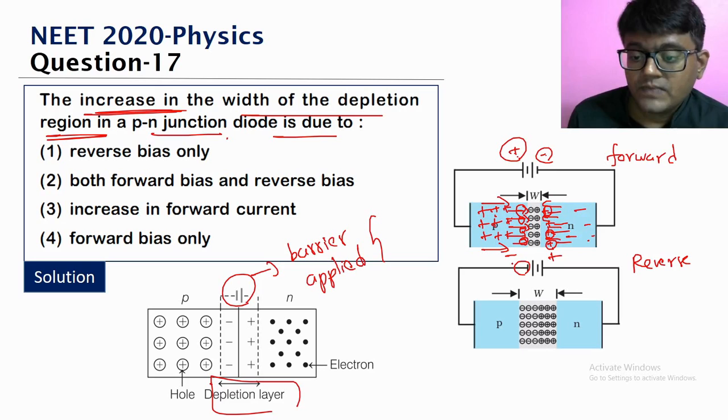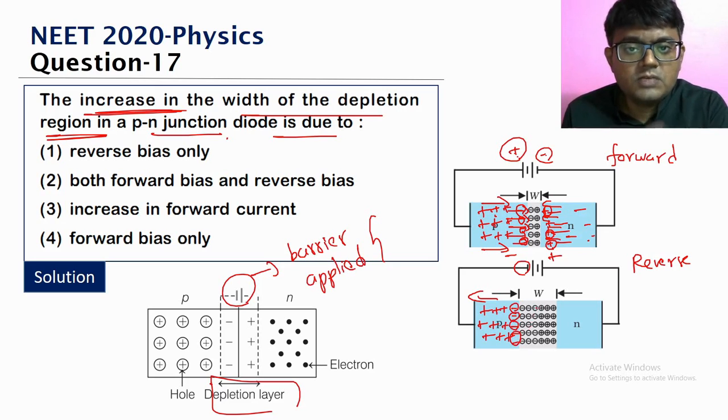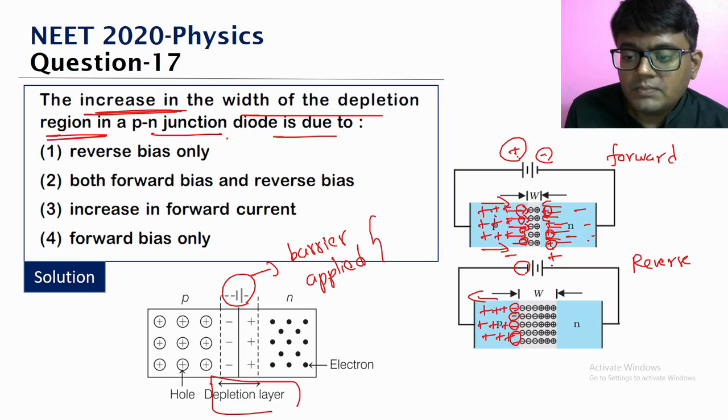Now look at this story. If you are reverse biasing, negative terminal is connected to the P side. P side, what you will have? Positive charges, right? So these positive charges will be attracted, rather, means they would move towards the other side. Previously in the forward bias, they move towards the depletion zone. Now they are moving away from depletion zone. So when the positive charge moves away from depletion zone, additionally you will create some more negative charge. Similarly here, the positive terminal is connected to the N side.